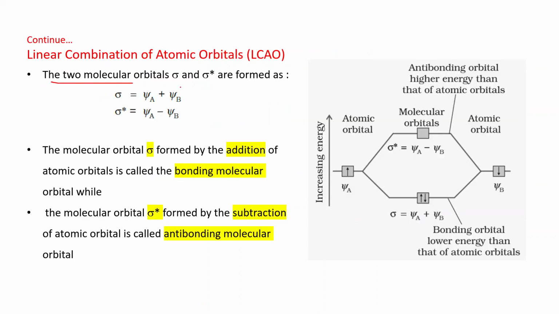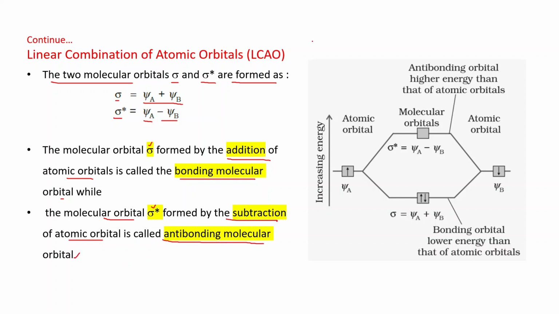The two molecular orbitals sigma and sigma star are formed as follows: sigma is obtained by the addition of the wave functions of the atomic orbitals, psi A plus psi B, and sigma star is obtained by the subtraction, psi A minus psi B. The molecular orbital sigma formed by the addition of atomic orbitals is called the bonding molecular orbital, while sigma star formed by the subtraction of atomic orbitals is called the antibonding molecular orbital.